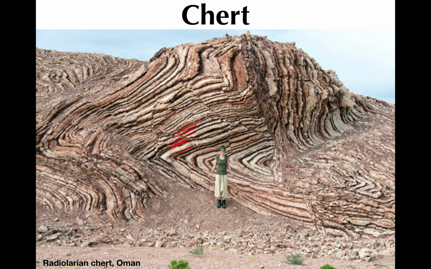So a lot of times these ribbon cherts, as they're called, accumulate near seafloor spreading centers where there's abundant silica in the seawater.